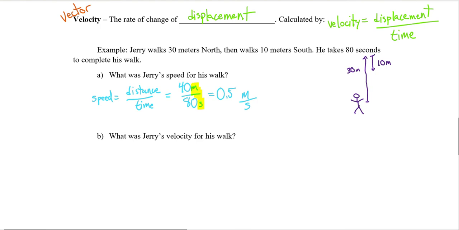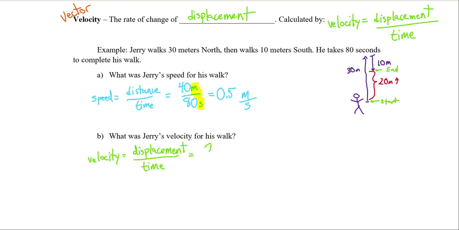What about Jerry's velocity? We know that we can calculate the velocity by taking the displacement over the time. And remember, we find our displacement by comparing where we started to where we ended. Here we see, oh, this would be a total of 20 meters, but it's also heading in the north direction.